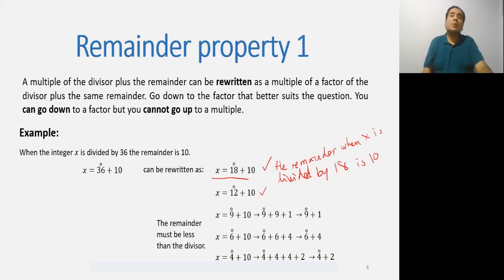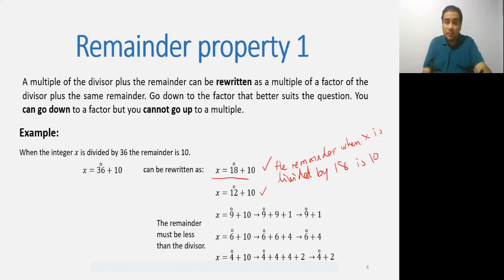So can we do this with other divisors of 36? Yes, we can. For example, I can say x equals a multiple of 9 plus 10, for the same reason I gave in the two former cases. But saying that x is a multiple of 9 plus 10 doesn't really mean that 10 is the remainder when you divide x by 9, because 10 is greater than 9.